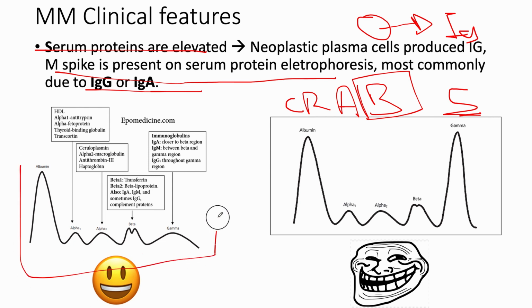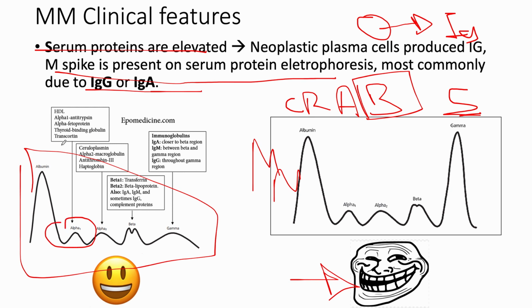So this is what electrophoresis looks like, a normal guy's electrophoresis. This is what multiple myeloma looks like. So we can see this troll face over here, or a person who has a disease. So your alpha-1 globulin is making your antitrypsin protein, your alpha-2 globulin is making your haptoglobin, your beta globulin is making your IgA, IgM, whatever, and then over here your gamma globulin is making your IgG, IgM and IgA.